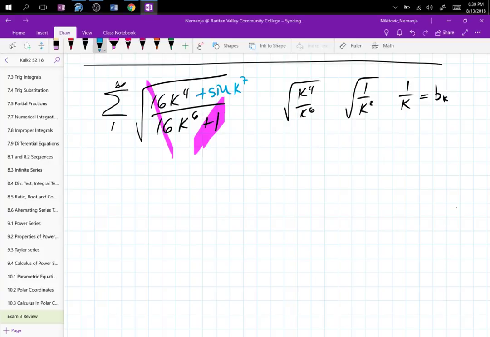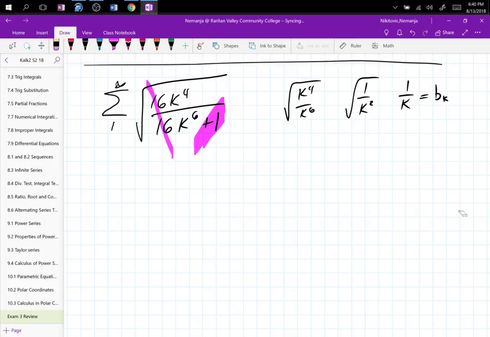It's going to converge or diverge regardless if that thing is there. Unless you have a cosine n pi, which turns into an alternating series, but under the square root, no. So if you have a sine and cosine and they're not alternating, you can just ignore them because they're bounded from -1 to 1. They're just not going to do anything.